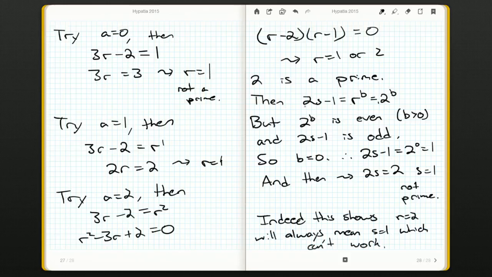So this work right here, it didn't rely on anything about a. It just said, okay, if r is 2, then s is not going to be a prime number, which doesn't work for us.